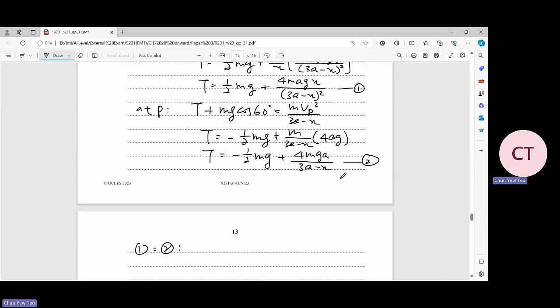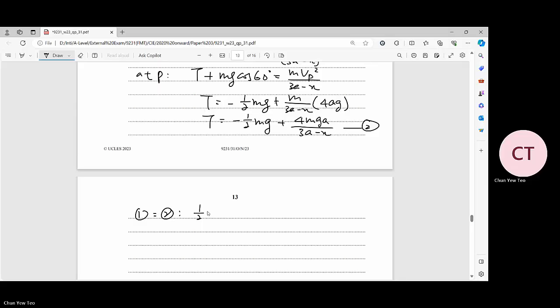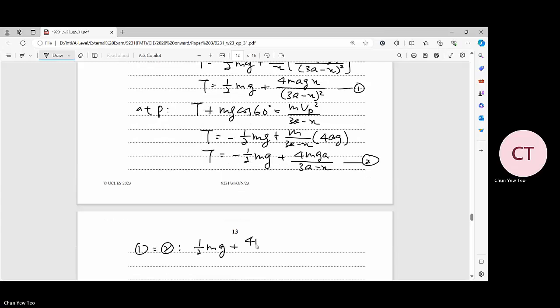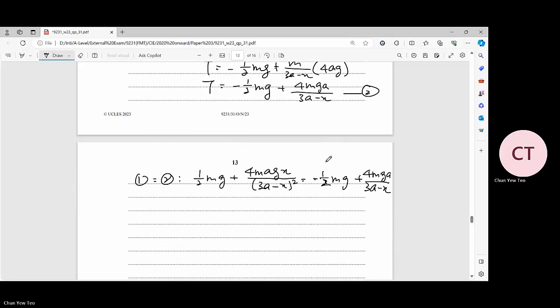So we'll be having half mg plus the 4mag divided by (3a minus x) squared is equal to negative half mg plus 4mga over 3a minus x. The mg is very annoying, so we just cancel the mg.